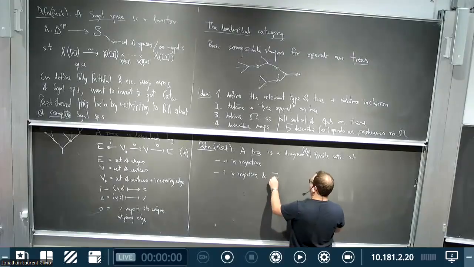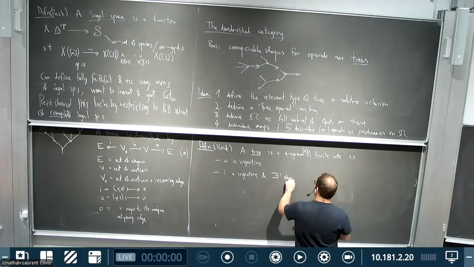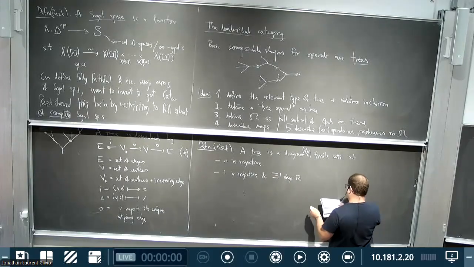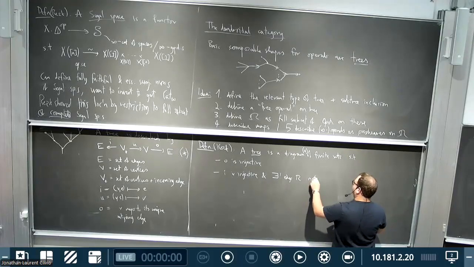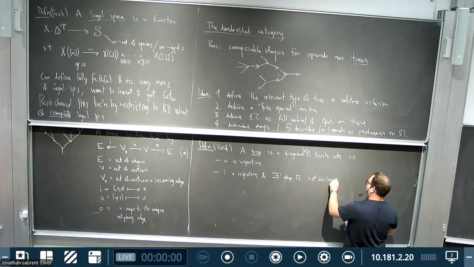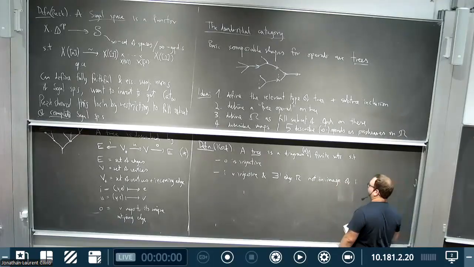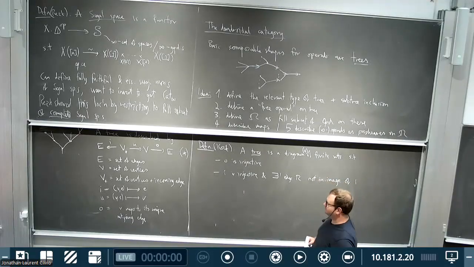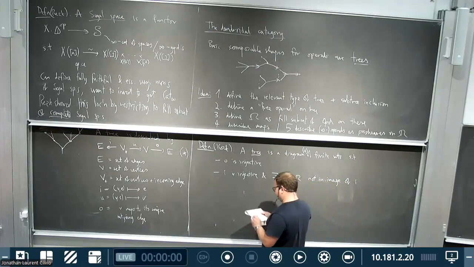And there exists a unique edge R, which is called the root, which is not in the image. Right, there is a unique edge that is not incoming to any vertex.